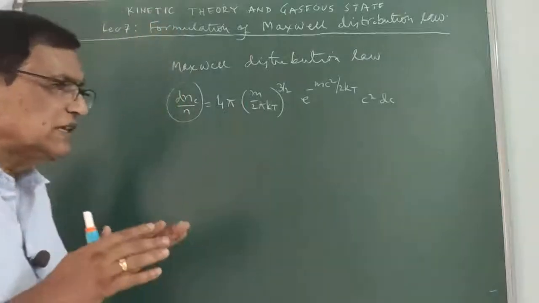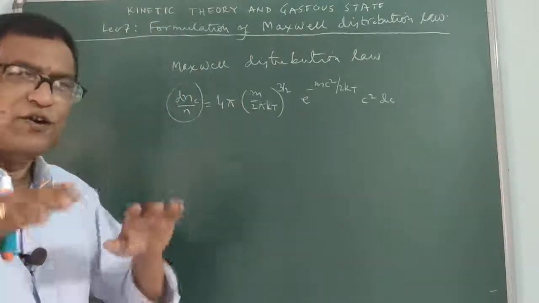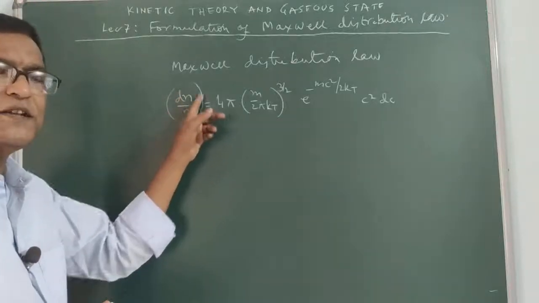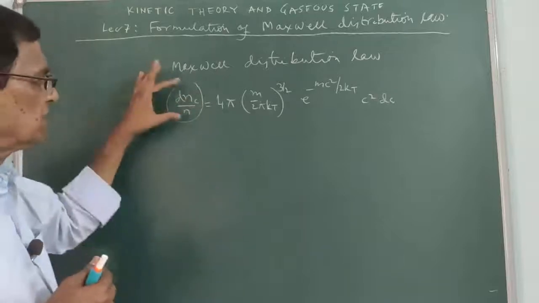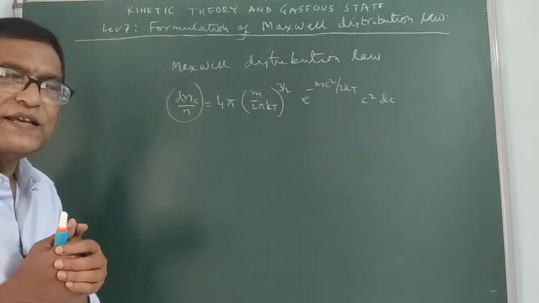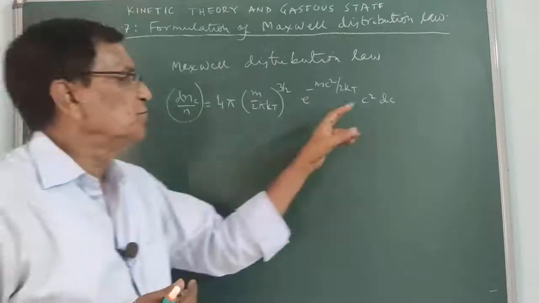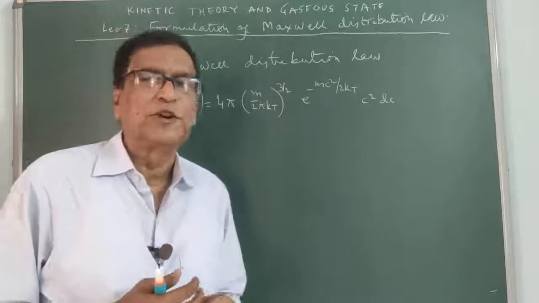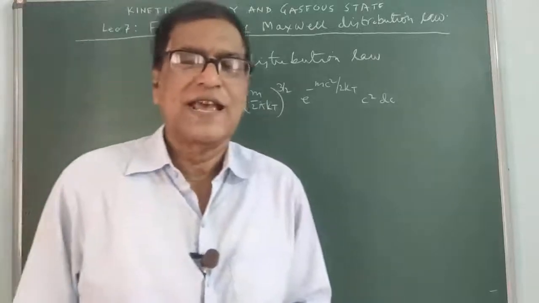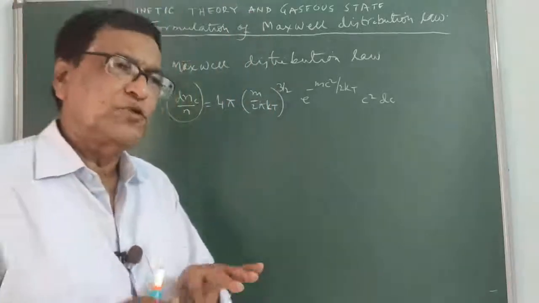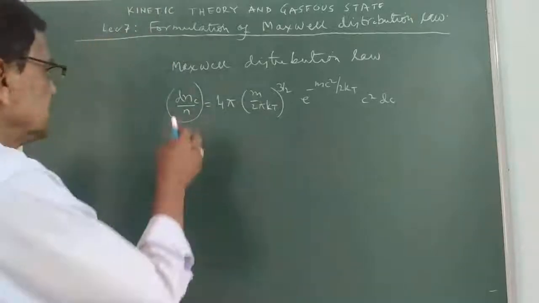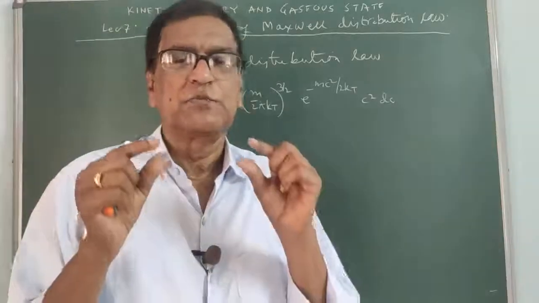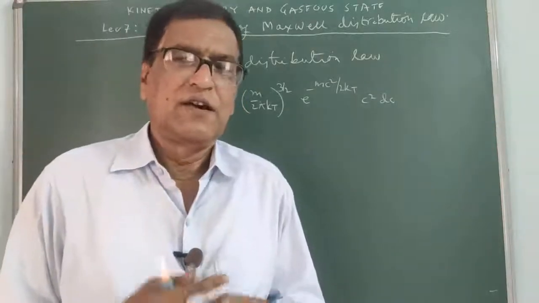And in an alternative fashion, dNc by N is the fraction of the molecules that have the speed c within the range dc at a temperature T, and m the molecular mass of this gas. So in both ways we can express this term dNc by N. d is used due to the very small value of this number.